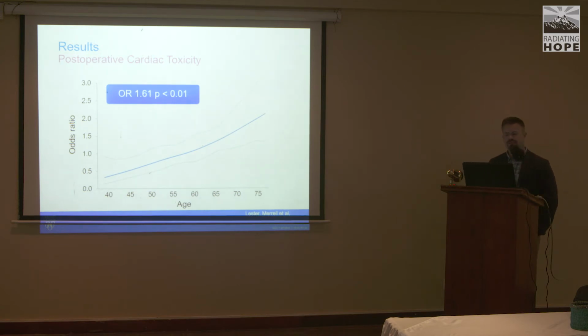The potential of a post-operative cardiac event also increases with age, and this is more of a linear scale. For every 10 years of life, the potential of a post-operative heart complication is about 1.6 times the previous decade.